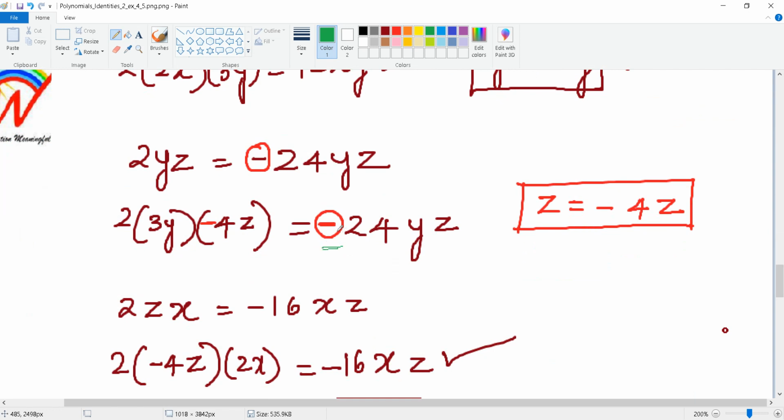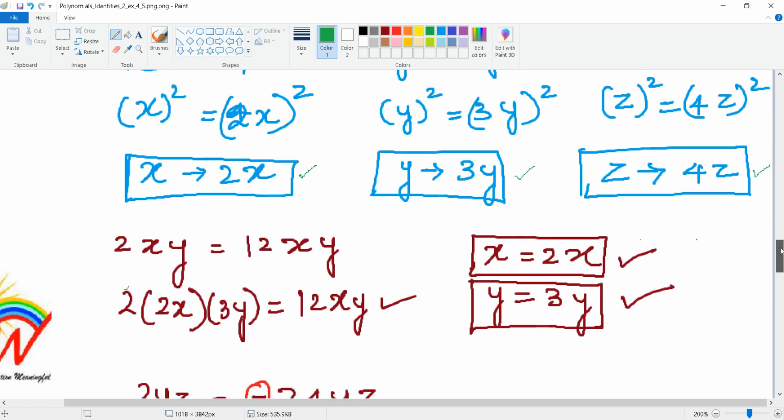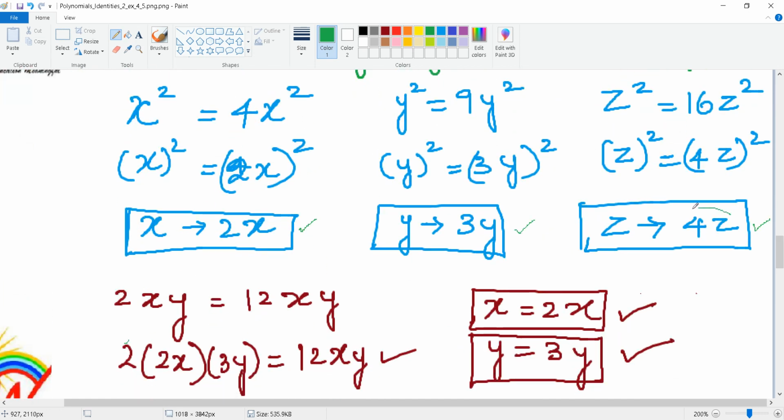So the minus sign should be in front of the y or in front of the z. But 3y was taken as 3y itself, it was satisfying the first condition. So the minus sign has to be put in front of 4z. Then you get 2 3s are 6, 6 4s are 24, so minus 24yz. So the z has to be minus 4z and not 4z which we took over here. There was a mistake with this. We had to put a negative sign over here.